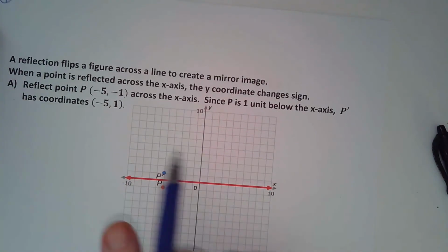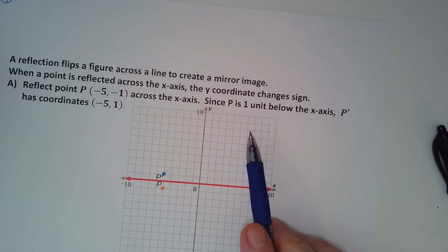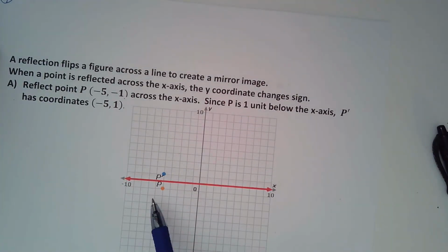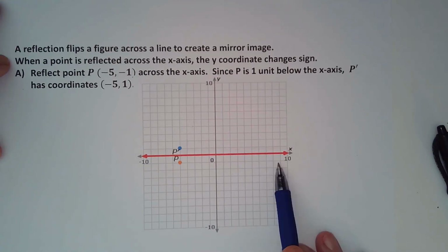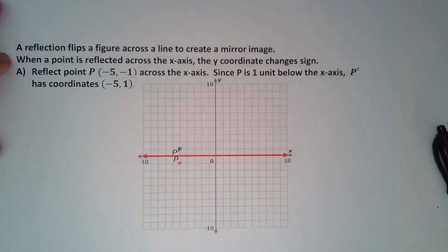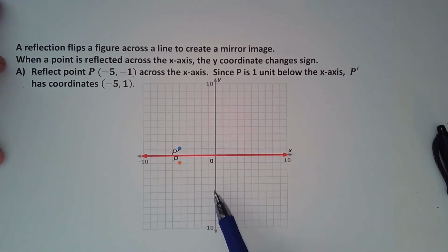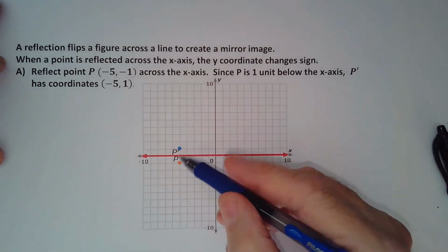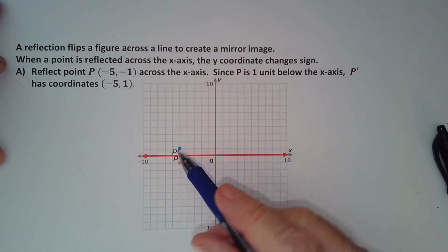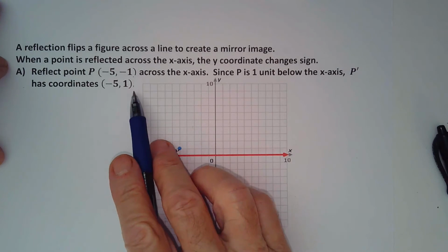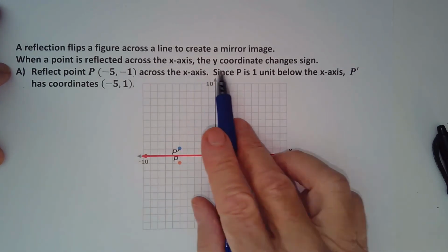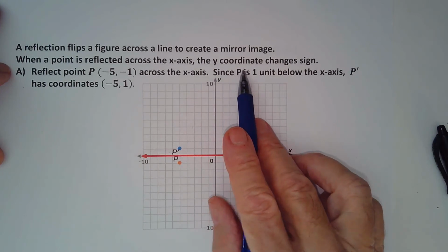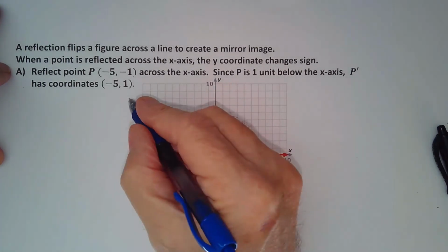Reflection flips a figure across a line to create a mirror image. This has been highlighted for you so you can see that this is your line of reflection. It did something that the previous example did not do. You're going to start with point P, which is what they want you to reflect. When a point is reflected across the x-axis, the y-coordinate changes sign, just like we said.